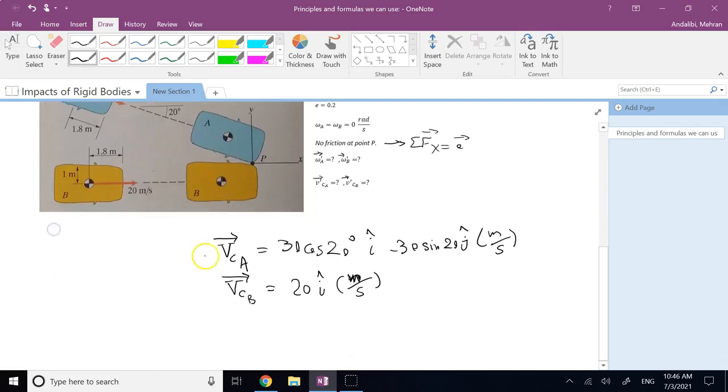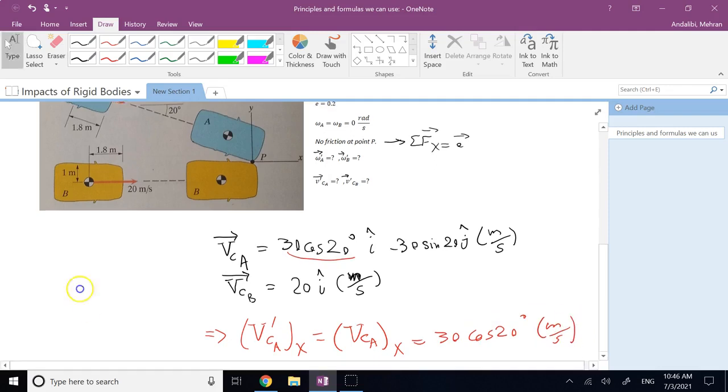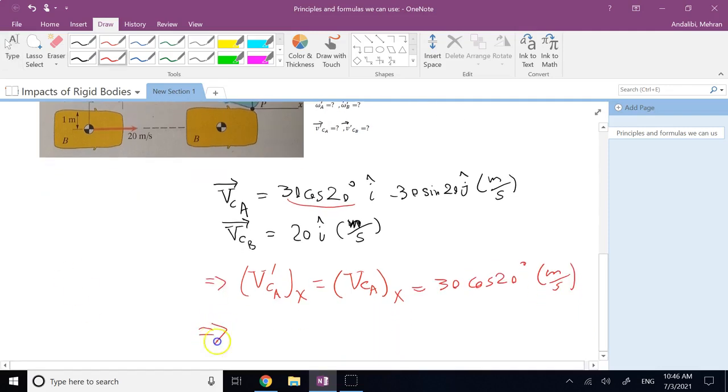That means that v prime of centroid A, the x component of it, is the same as v of CA, the x component, which is this guy here, and it is 30 times cosine of 20 degrees. That is not going to change because no x force is applied to it.